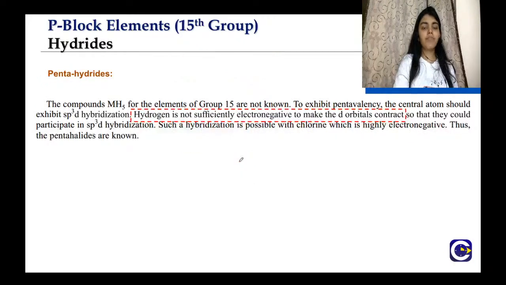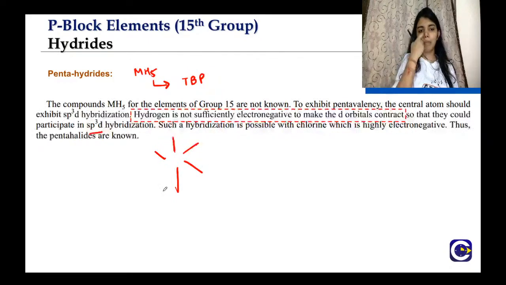Similarly here, hydrogen is not sufficiently electronegative to make the d orbitals contract so that they could participate in sp3d hybridization. If you consider MH5, that is PH5 or NH5, they should have trigonal bipyramidal geometry. What is trigonal bipyramidal geometry? 2 axial and 3 equatorial. This is known as the trigonal bipyramidal geometry, which has sp3d hybridization.